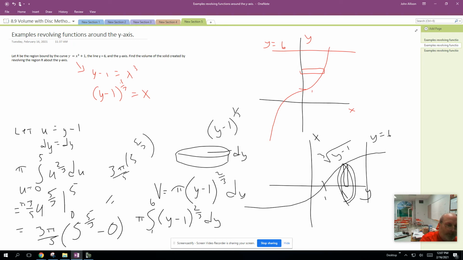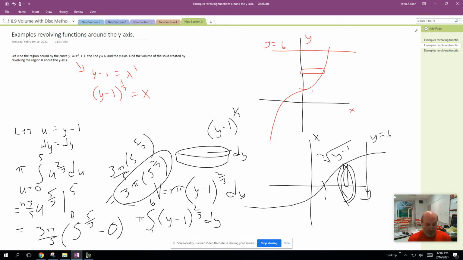Now, because we have 5 in the denominator, we can subtract 1 from the exponent, and so that becomes 3 pi times 5 to the 2/3. So that would be our answer. Sorry for the running out of room on the page thing.